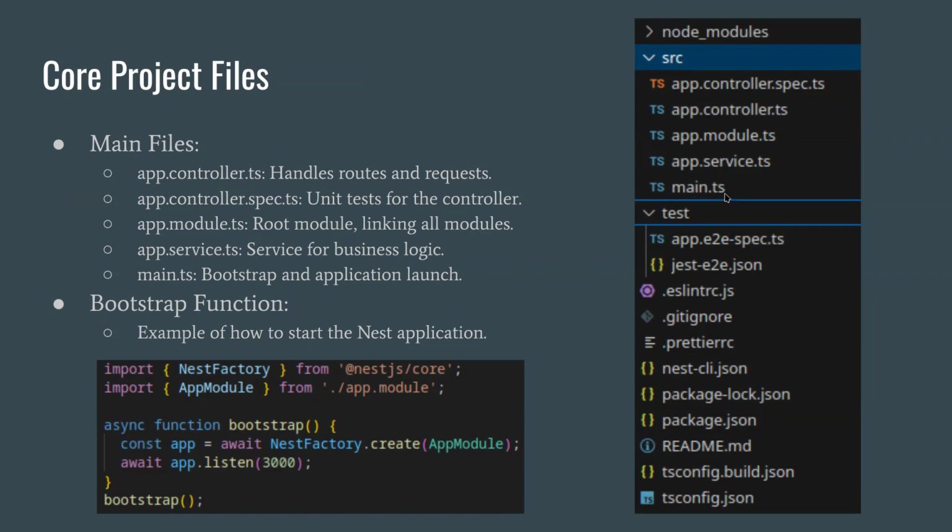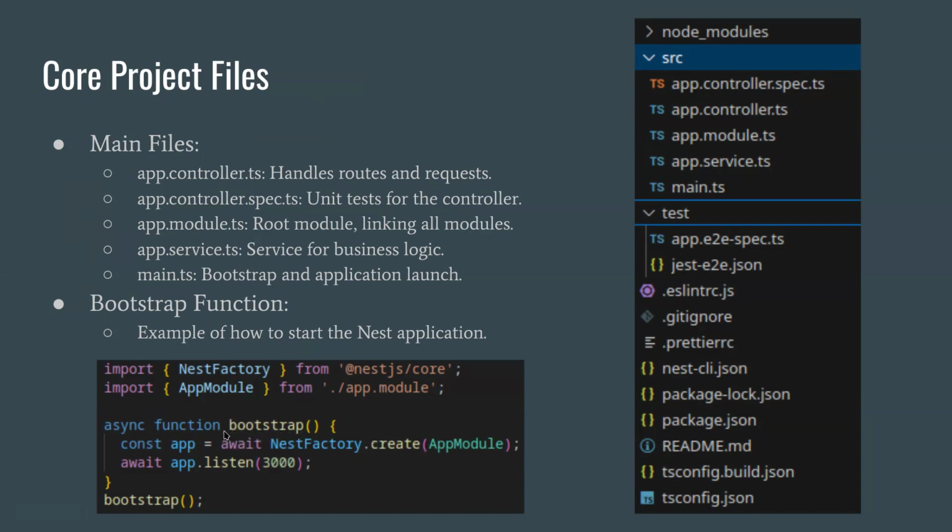And main.ts is the entry point, our app where we bootstrap and launch it using Nest core function, Nest factory. So the main.ts file, as you can see here, includes an asynchronous function to start our Nest application, which you can see here.